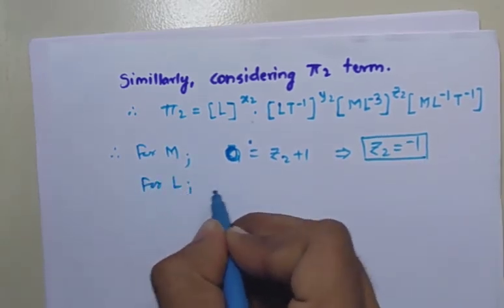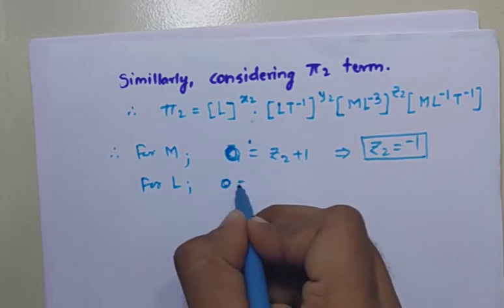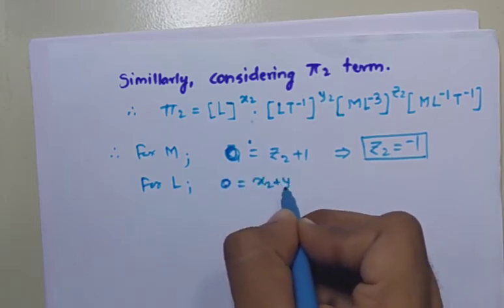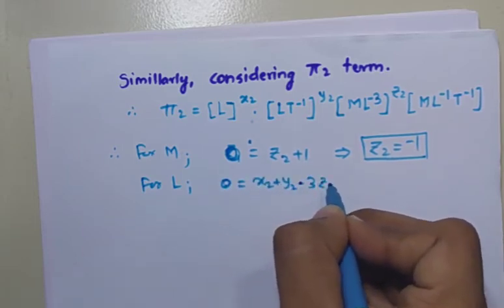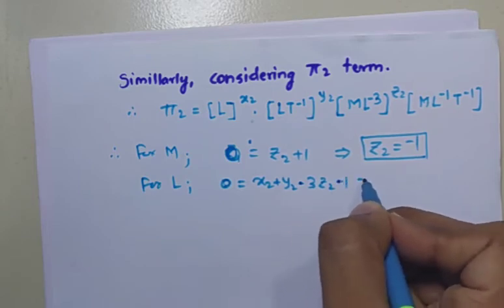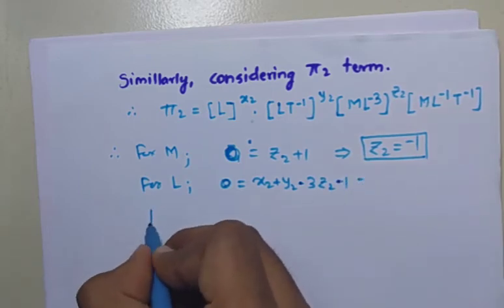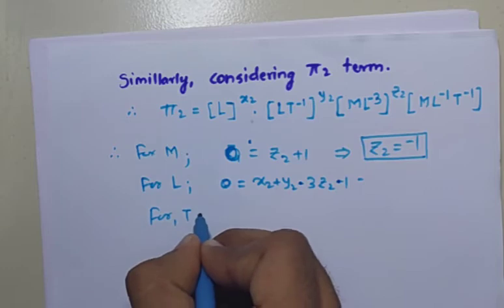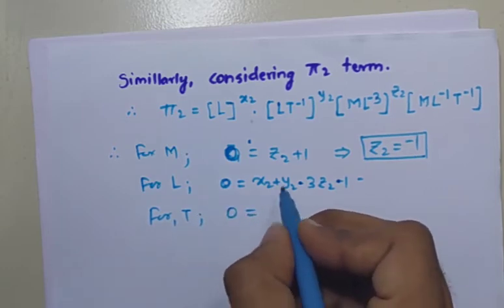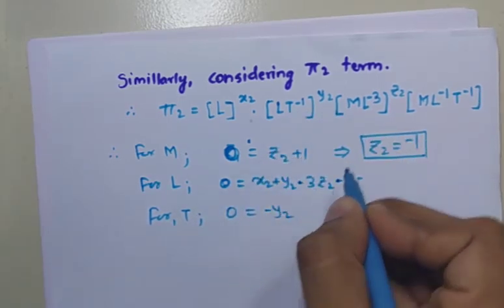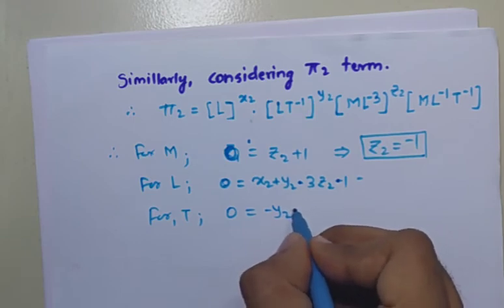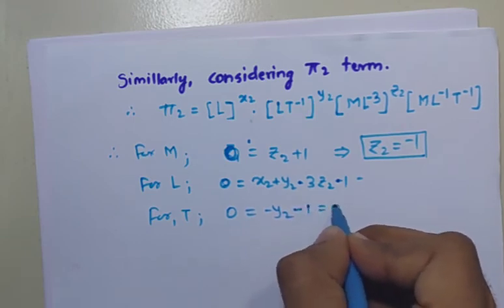For L, 0 is equal to x2 plus y2 minus 3z2 minus 1. And for T, 0 is equal to minus y2 minus 1 equal to 0.